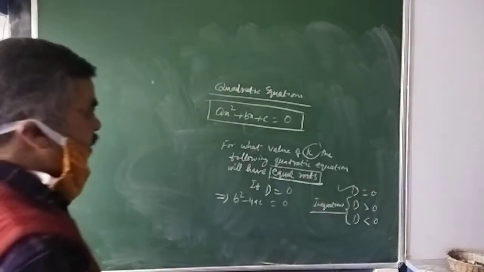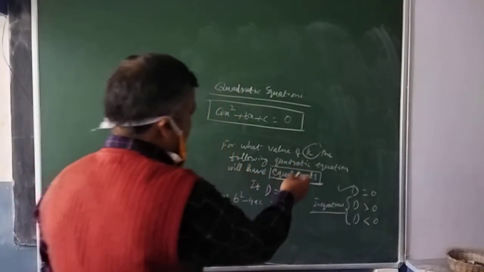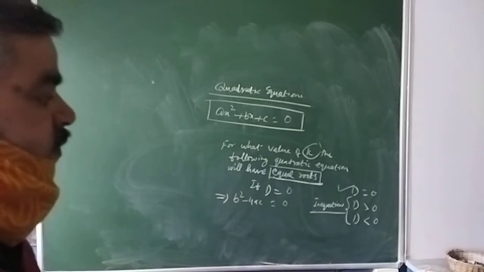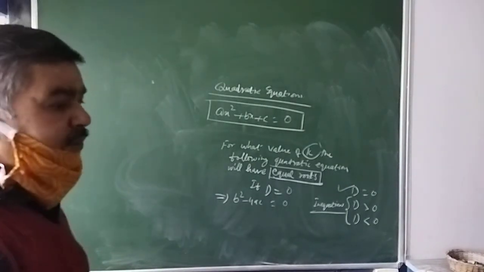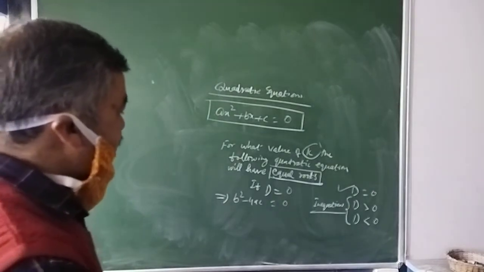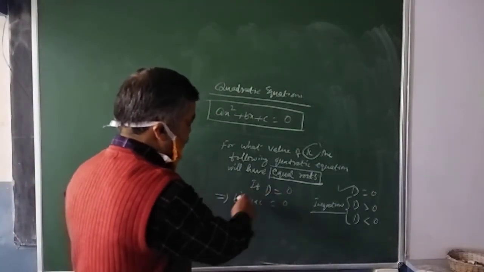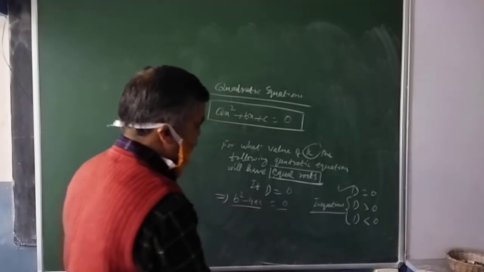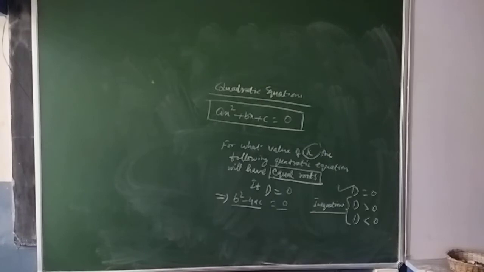So the question will be focused on for what value of k the following quadratic equation will have real and equal roots, or real and repeated roots. Then you can directly use that D is equal to 0, put b square minus 4ac is equal to 0, and out of that find the value of k.